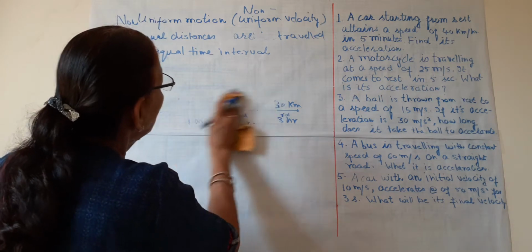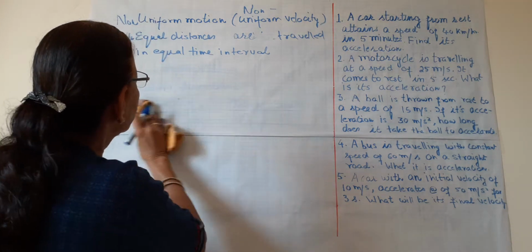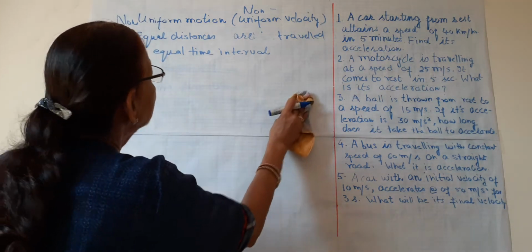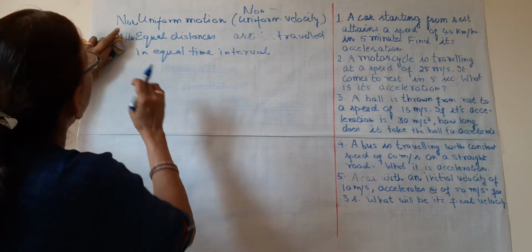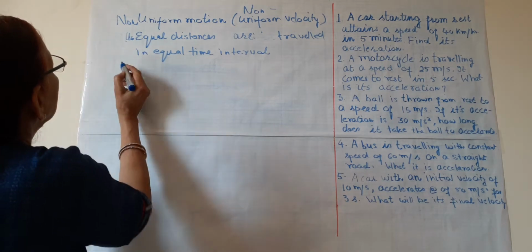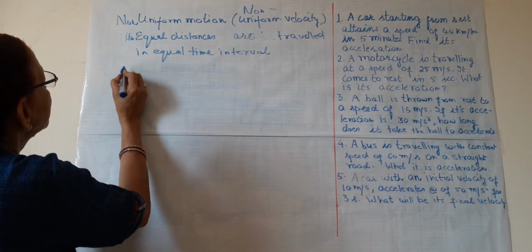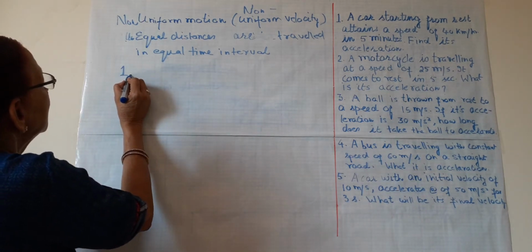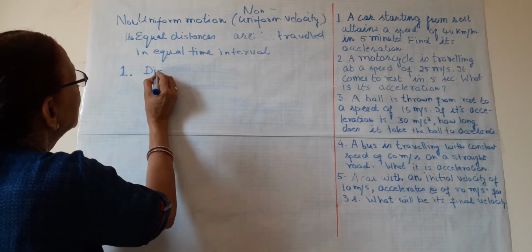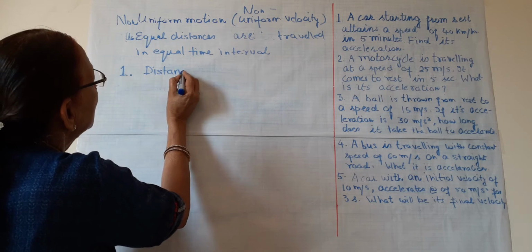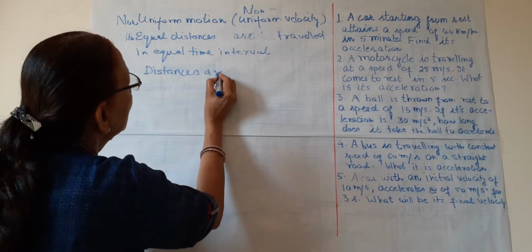Now, this non-uniform velocity or motion has three conditions to cause. The first condition is distances are different.